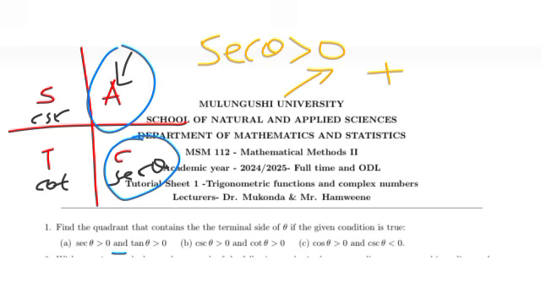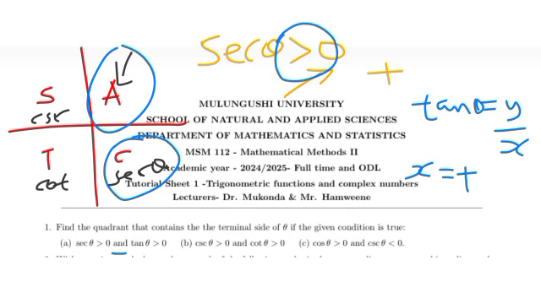Okay, so tan theta is equal to y over x. Now we have just said that sec theta is related to cos theta, and cos theta is x. And x, we have just said, is positive here; it is greater than 0.